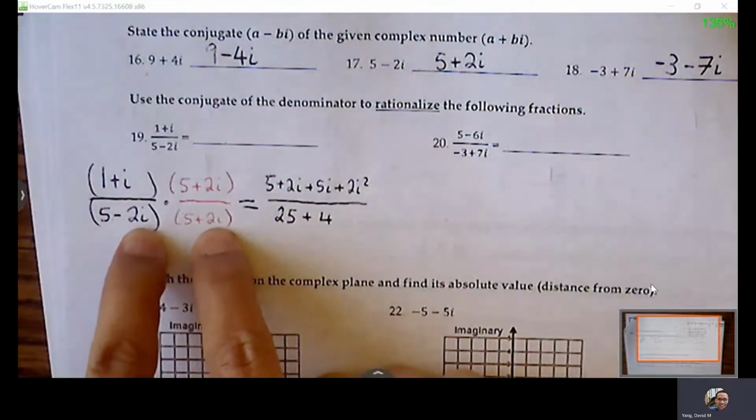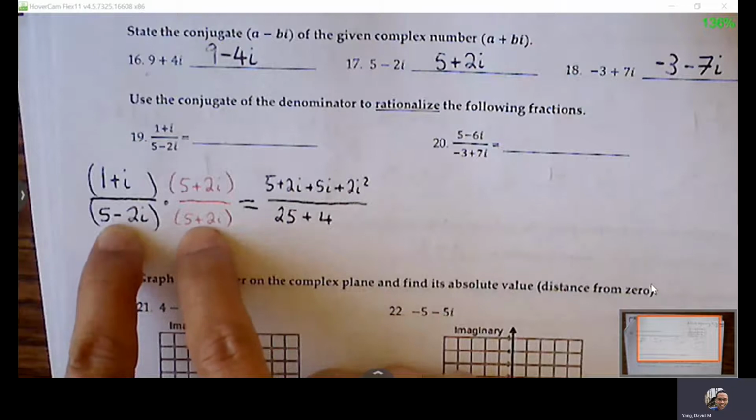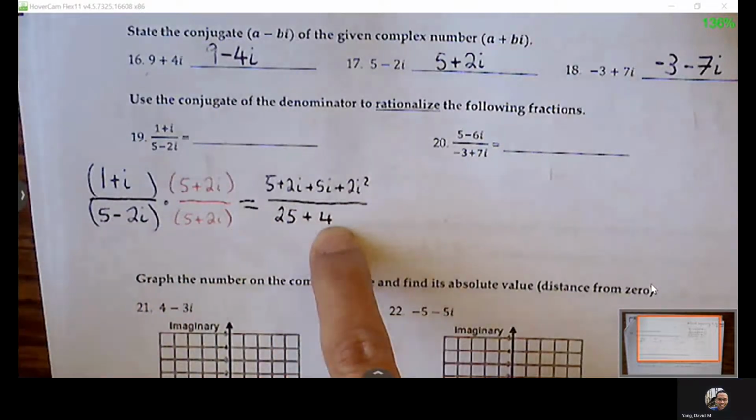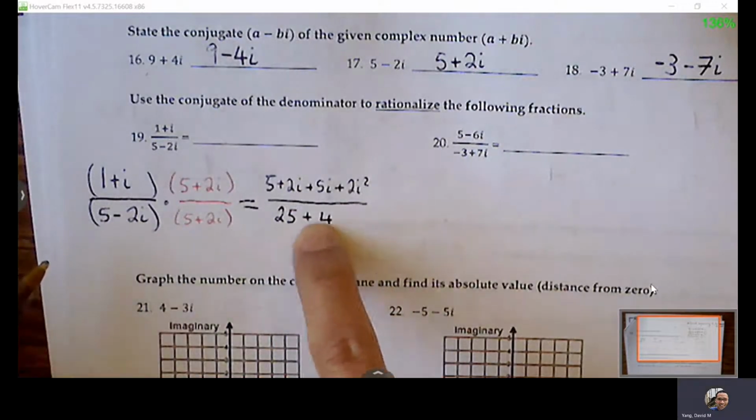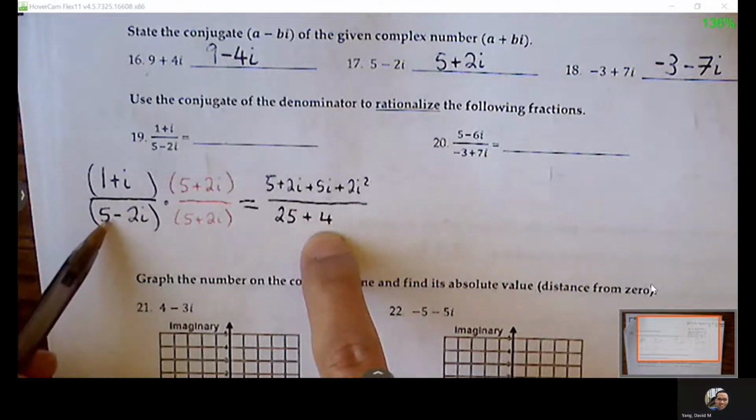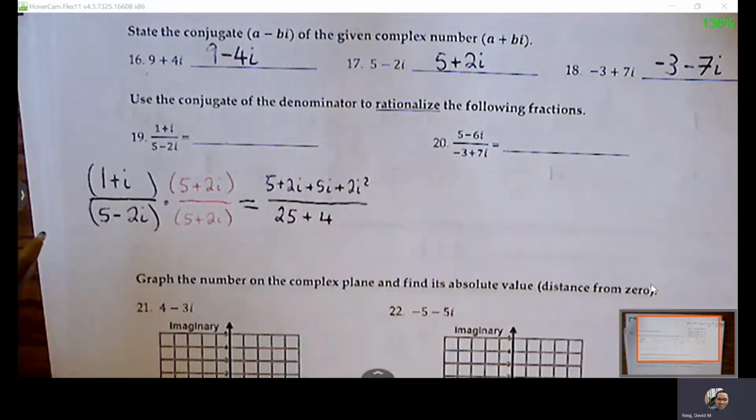Because we know that the 2i times 2i will give us 4i squared. The i squared will push this to become a positive. So it's just going to feel a little bit like this Pythagorean theorem, a squared plus b squared, 5 squared plus 2 squared.